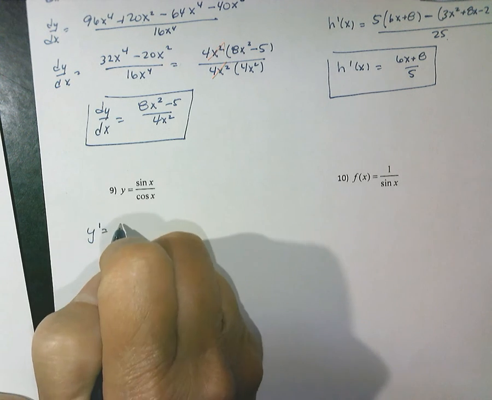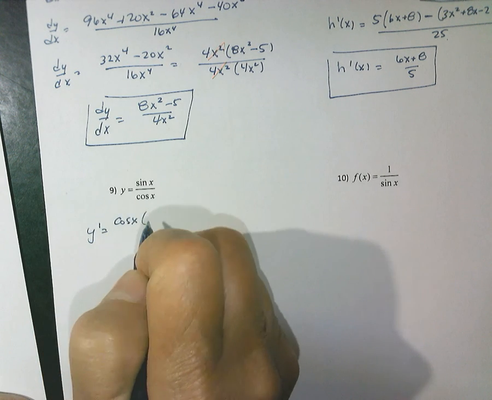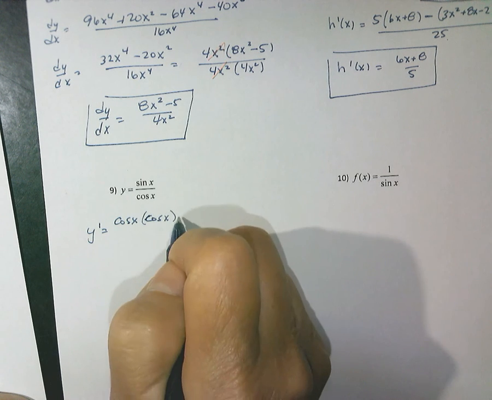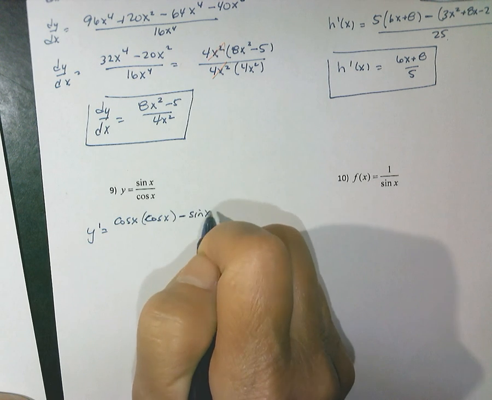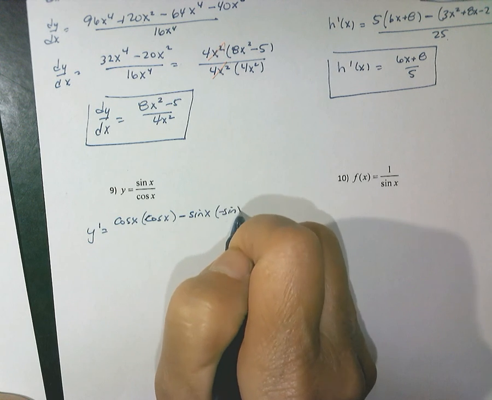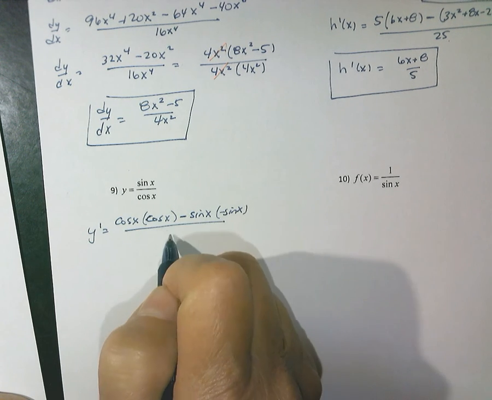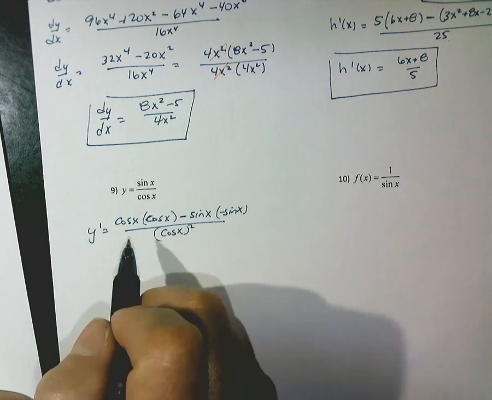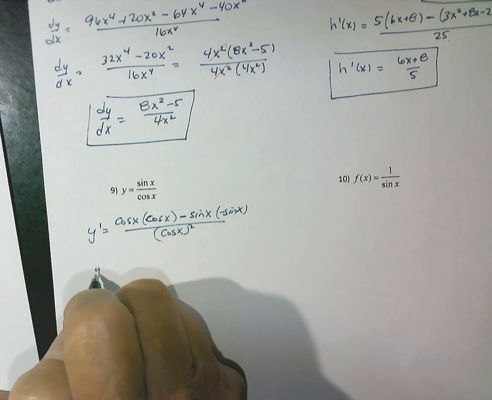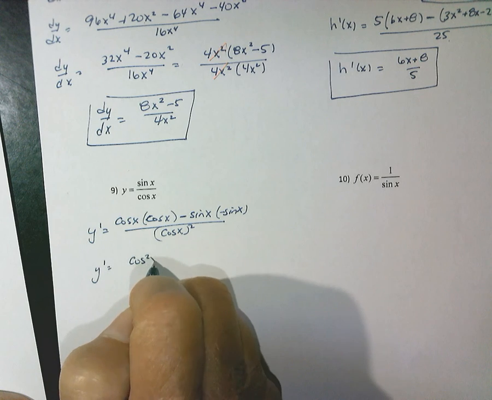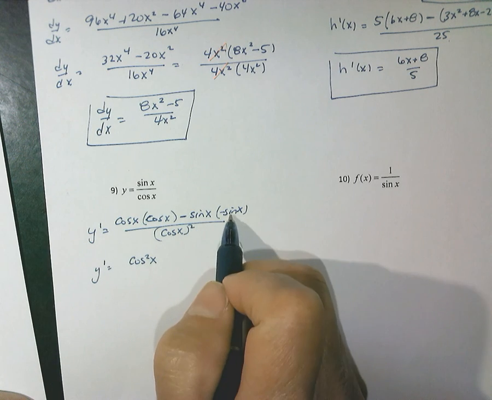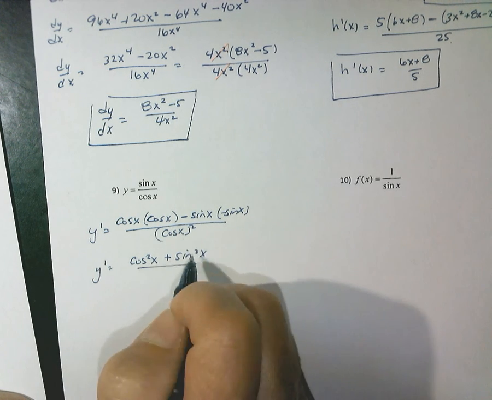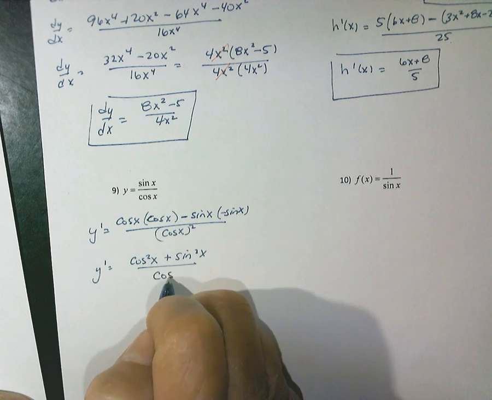So the derivative: low d high minus high d low over low squared. So cosine x times cosine x is going to be cosine squared x. Negative sine x times negative sine x is going to be positive sine squared x. Cosine x squared is just cosine squared x.